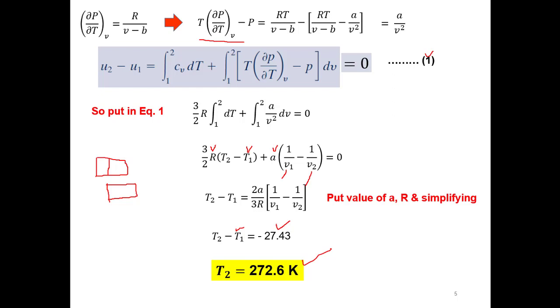If we solve the same problem using the ideal gas equation, we know that for an ideal gas the internal energy is a function of temperature only, but we have to adopt the generalized form of the change in internal energy. The ideal gas equation is PV is equal to RT.